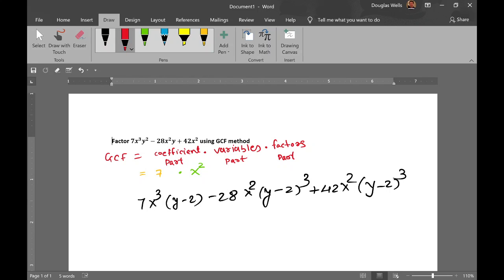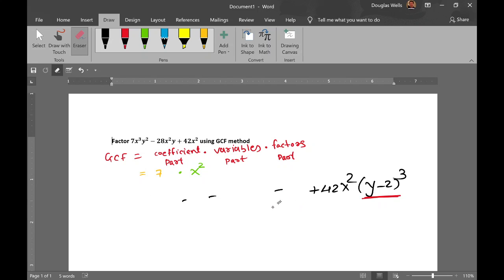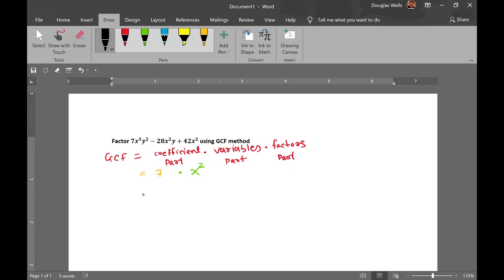Then this part in your question is called a factor part. In our case, we don't have it, so we don't have to worry about it. So our GCF has only two things: coefficient and variable x. So my GCF is 7x squared.